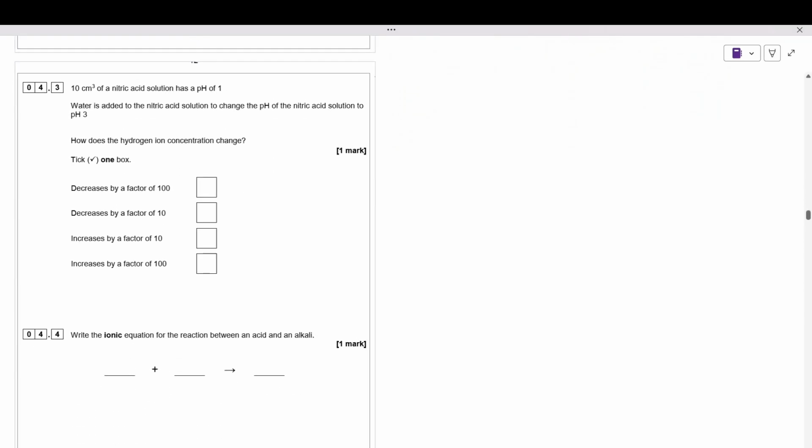Now 4.3, we have 10 centimeters cubed of nitric acid solution, and it has a pH of 1. Water is added to change the pH of that solution to pH 3. How does the hydrogen ion concentration change? Let's draw a snippet of the pH scale: 1, 2, 3.